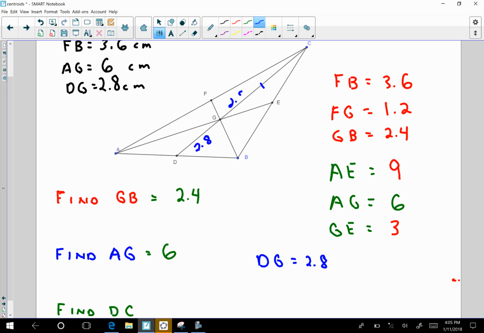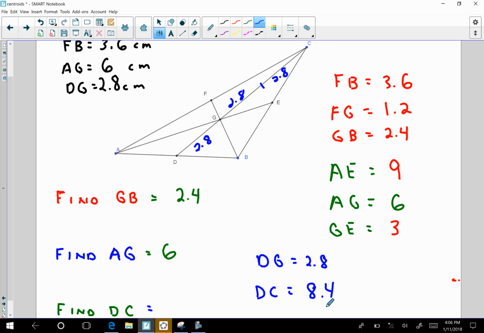Both of these other pieces will also be 2.8. To find the measurement of DC, I'm simply going to take 2.8 and multiply it by 3. Therefore, DC is going to be 8.4.